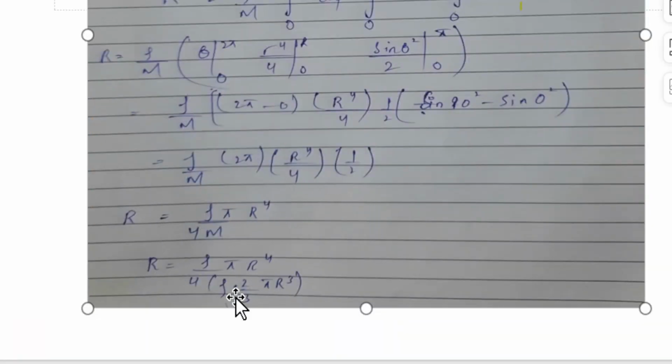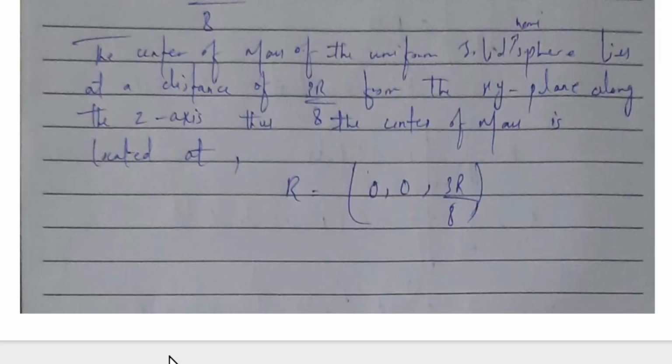This is the value for center of mass, and now you have to put the value of m, which we have already proved. This is the value of m. Now you have to put it instead of this m. This is the mass, which equals density times volume, and we have the hemisphere volume, which is 2 over 3 pi r cube.